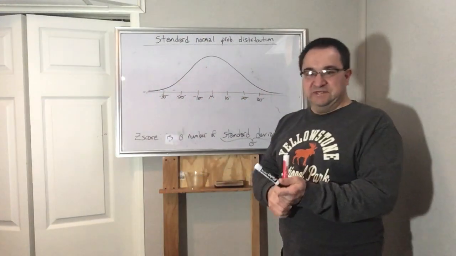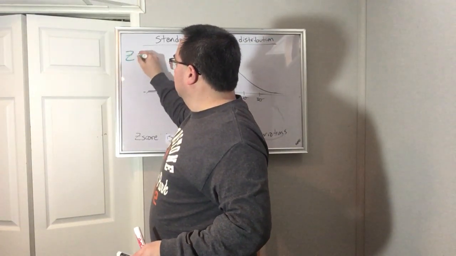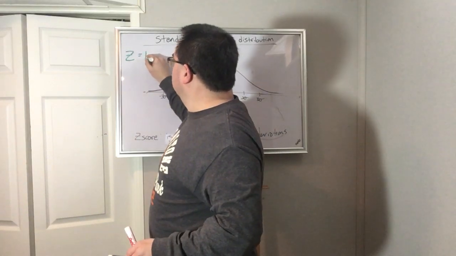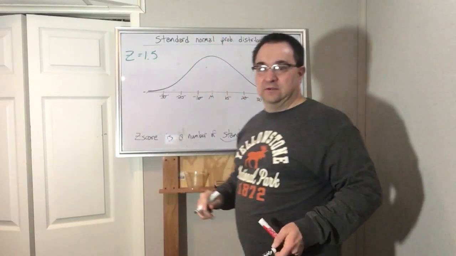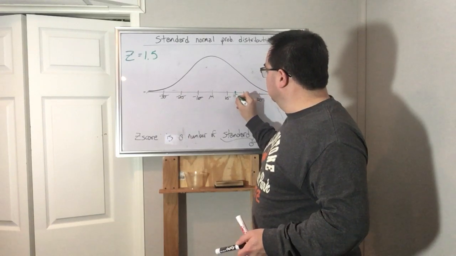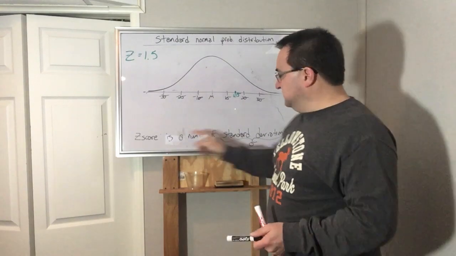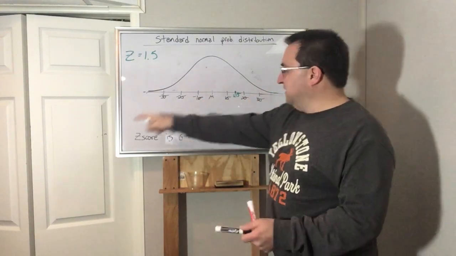So let me throw out some z-scores for you. If I said a z-score of 1.5, that would be right here. 1.5 standard deviations. A z-score is how far on this axis.